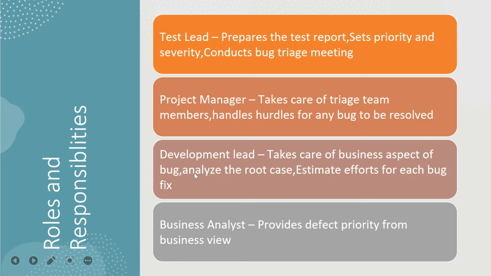He will analyze why this is coming up again, and for each bug he will estimate the effort. For example, this bug my team needs at least 3 hours, this one 1 hour is enough, this one 8 hours to fix. That type of effort estimation the development lead will take care of.